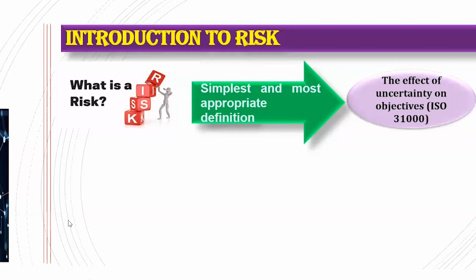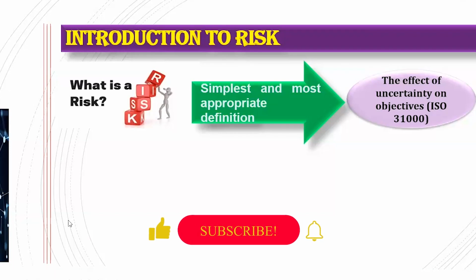It says risk is the effect of uncertainty on objectives. So simplicity. Other people think that risk must always be something very bad, but the most encompassing definition of risk is the one that ISO has given. We have other frameworks. We have the COSO framework. We have several other frameworks of definition, but we are going to do with the ISO definition today.